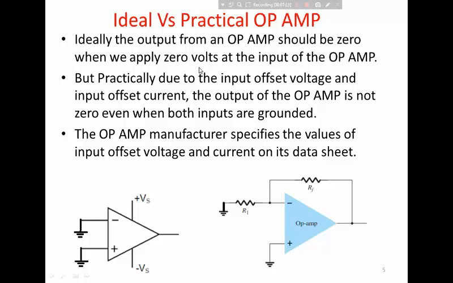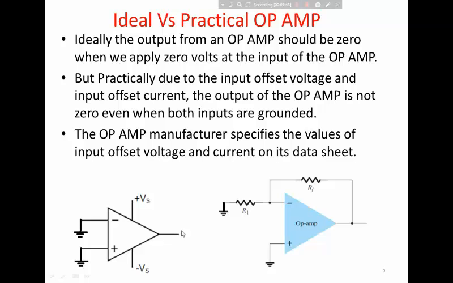But in a practical op-amp, due to the input offset voltage and input offset currents, the output of the op-amp is not 0 even when both inputs are grounded. Even when the inputs of the op-amp are at ground, 0 potential, the practical op-amp will produce some output.